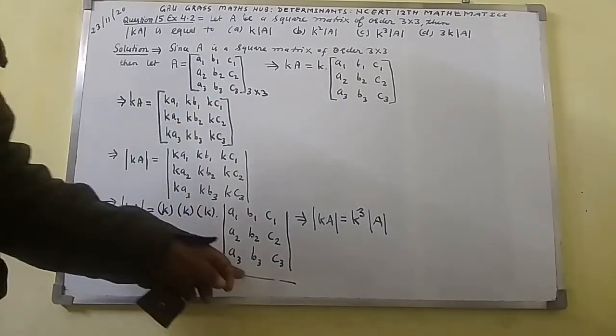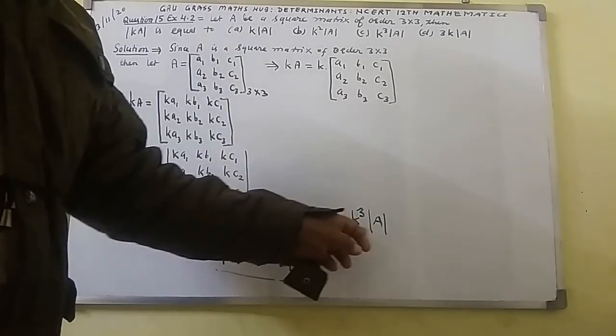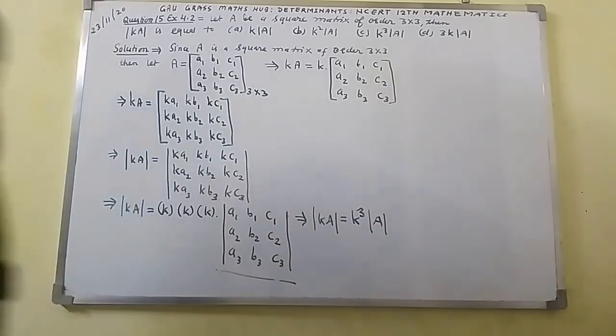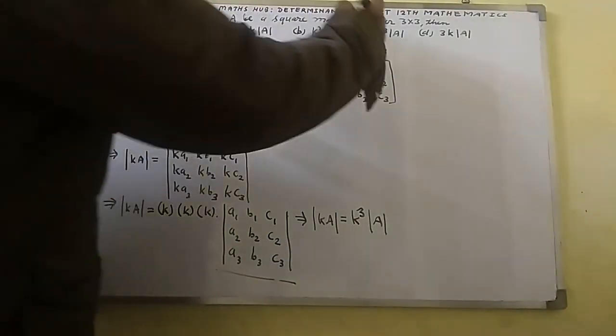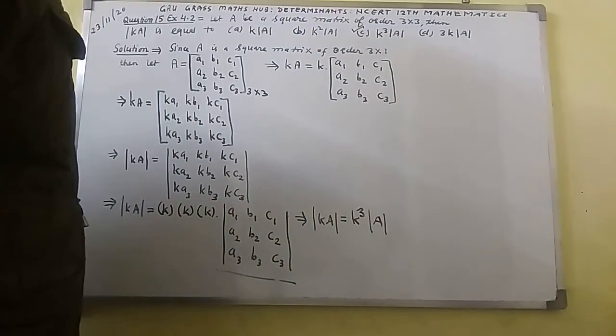So we have got k raised to power 3 dot det A. This will be the correct answer. C is the correct option.